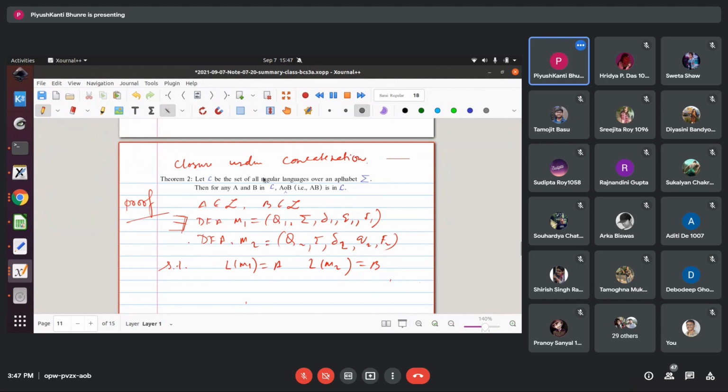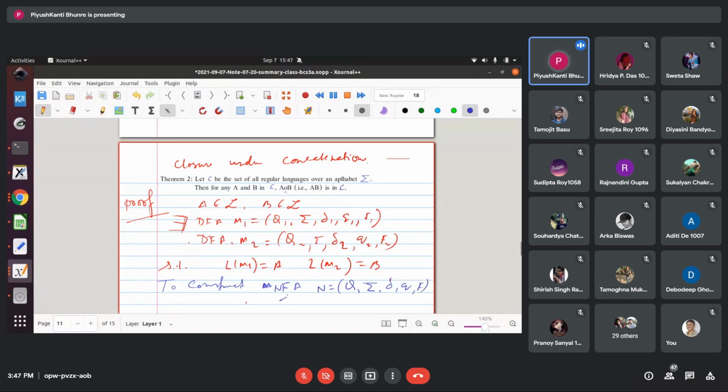Okay. So what you have to do is construct an NFA, N equal to Q, same thing, I am not writing all.